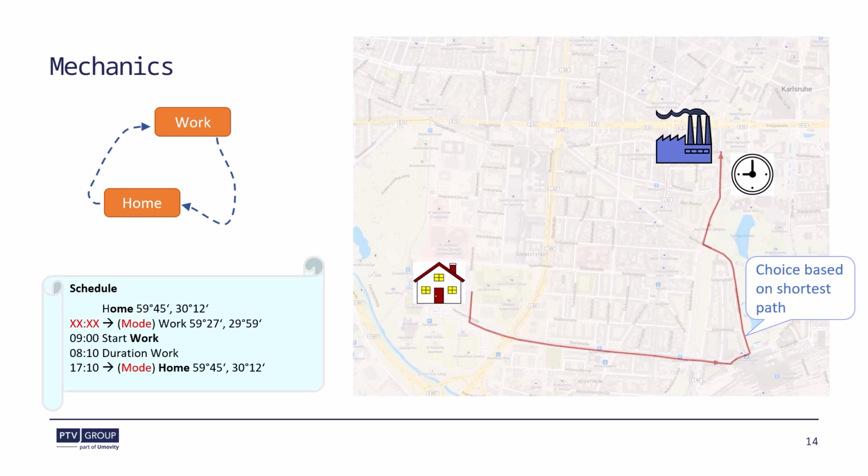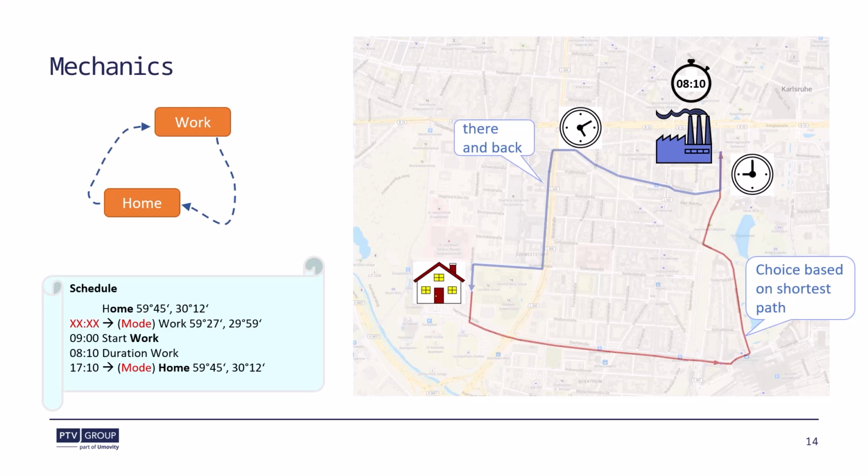And maybe some roads are very occupied, and so there's another path, the shortest path, than in other situations or in other time periods. And there's something else we already know. We know the duration of the work activity. In this case, a bit more than 8 hours, and that means the trip back will happen after 5 p.m. And we already consider also this trip.